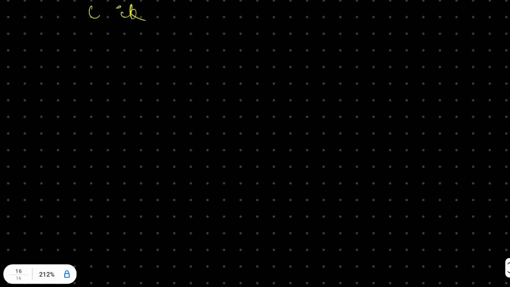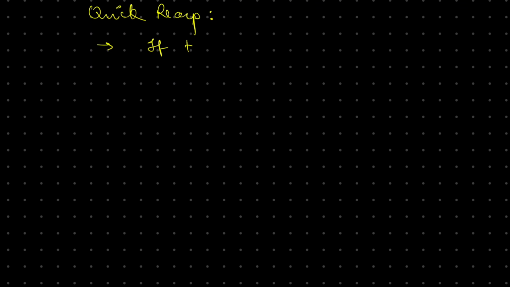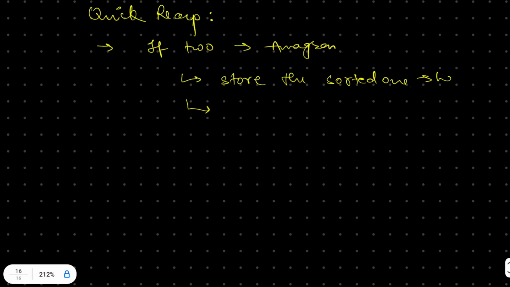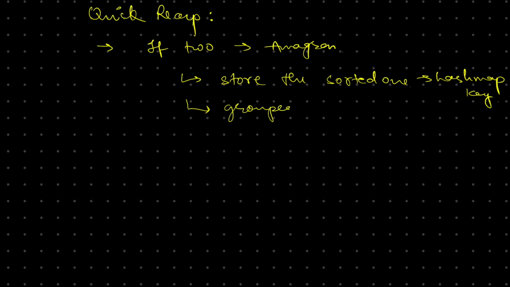Let's do a quick recap. What we have done, if two strings are anagrams, we store the sorted one, okay, and we use the sorted string as a hash map key, and then we have grouped all matching strings in the value.